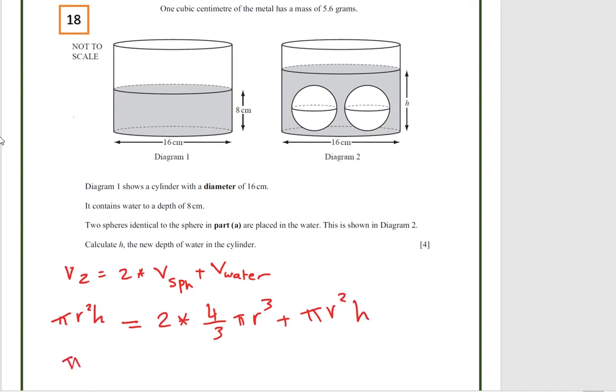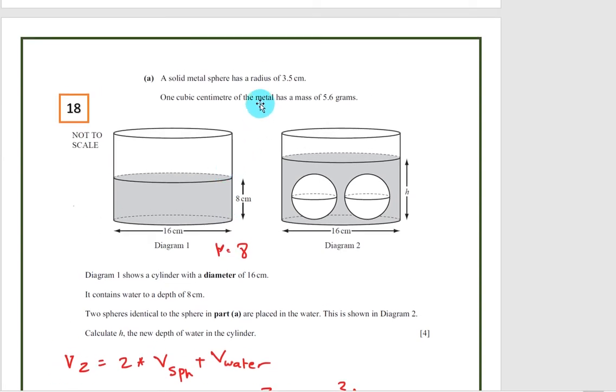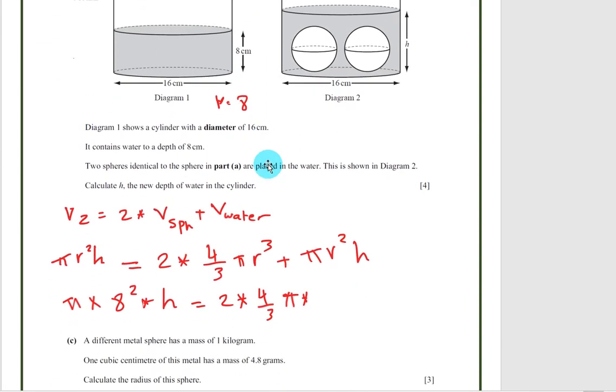So here the radius is equal to 8. So pi 8 squared h equals 2 multiplied by 4/3 pi by the radius of the sphere, 3.5 cubed, plus pi by the radius 8 squared by the height 8.